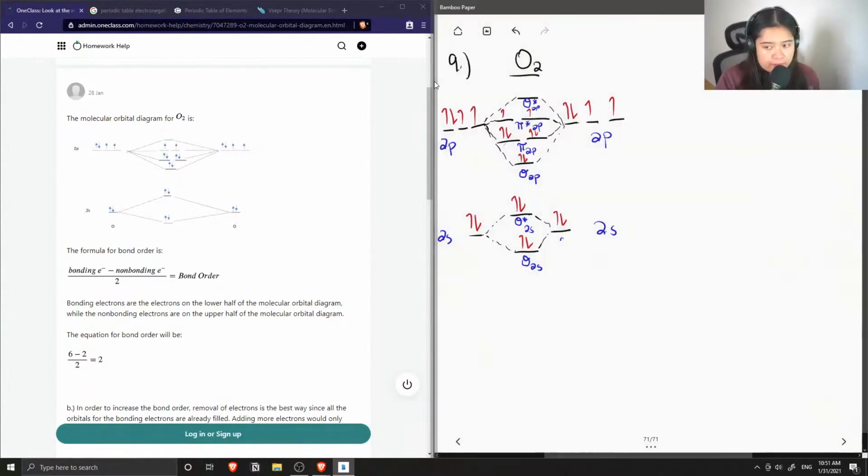So let me write the bond order equation on the right.